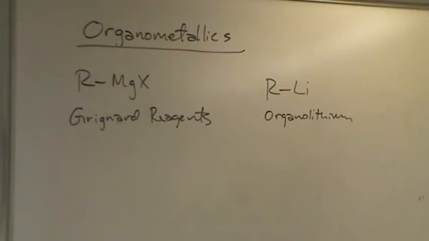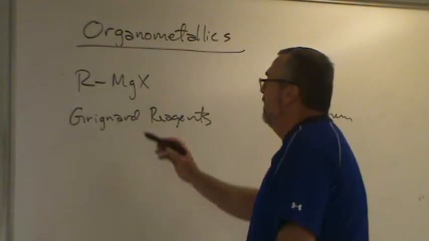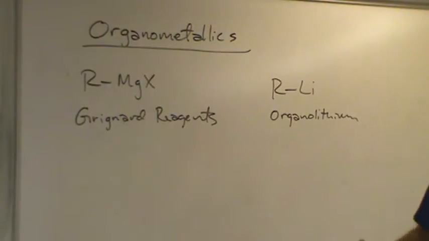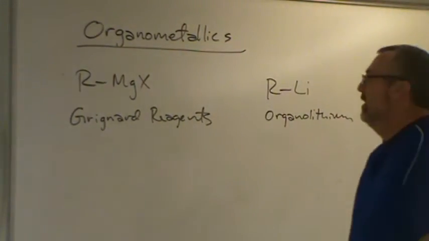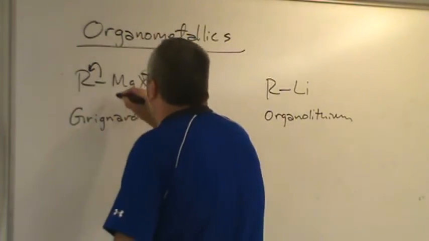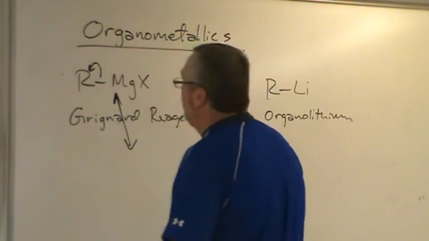Now, both of them have in common that the carbon of this R group is attached directly to a metal, and the metal is very electropositive. The electropositive metal is basically going to allow for this sort of a resonance form to be quite reasonable.